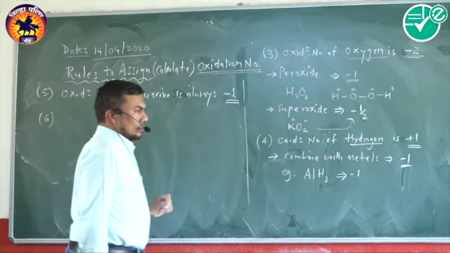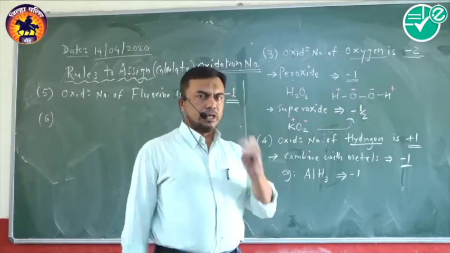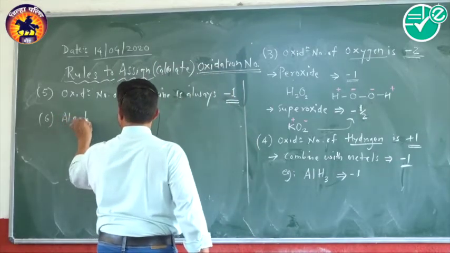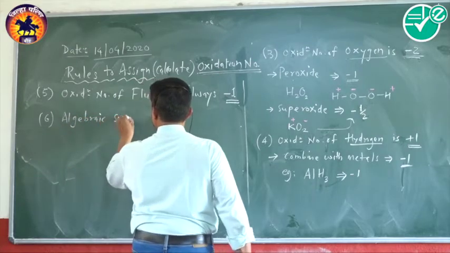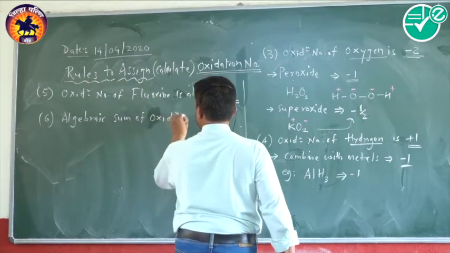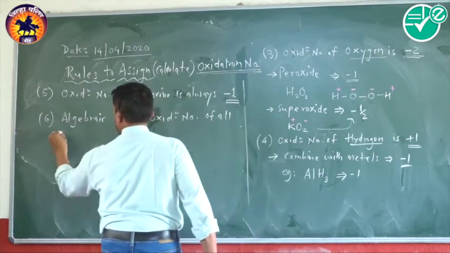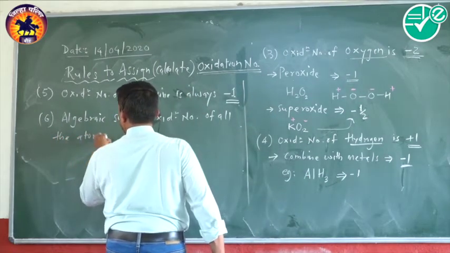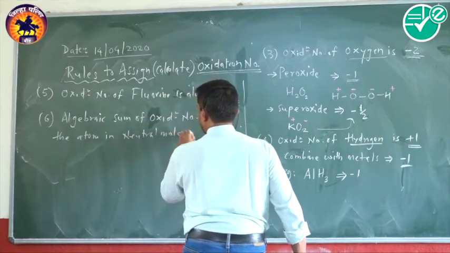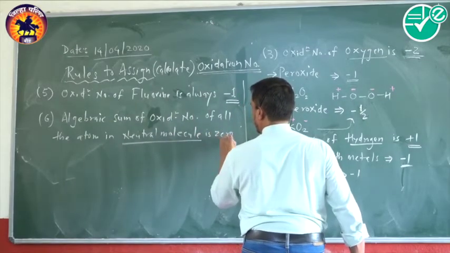Similarly, the next rule, which is very important to calculate or assign the oxidation number in a compound or molecule, is that the algebraic sum of oxidation numbers of all the atoms in a neutral molecule is 0.